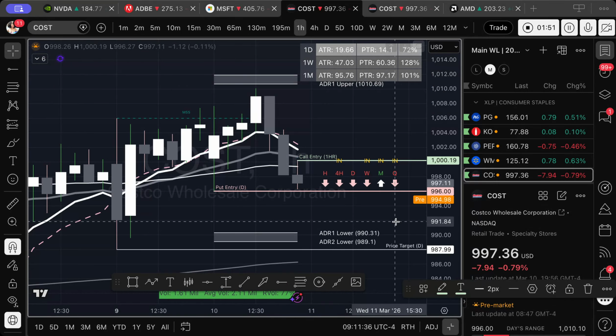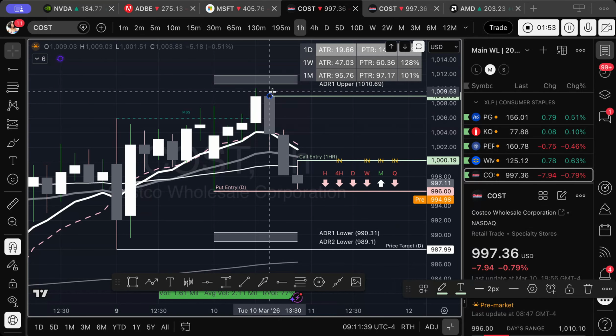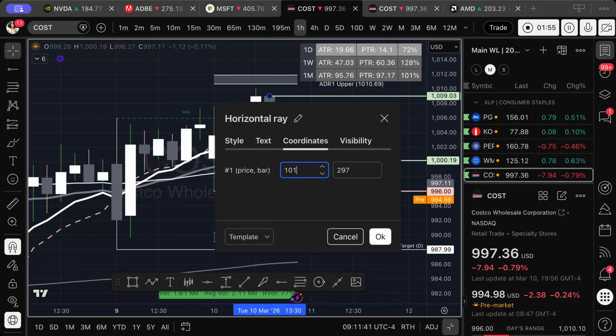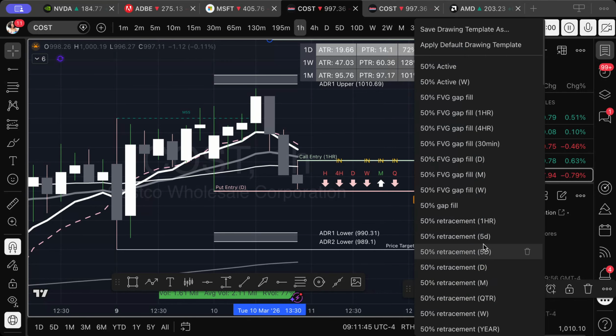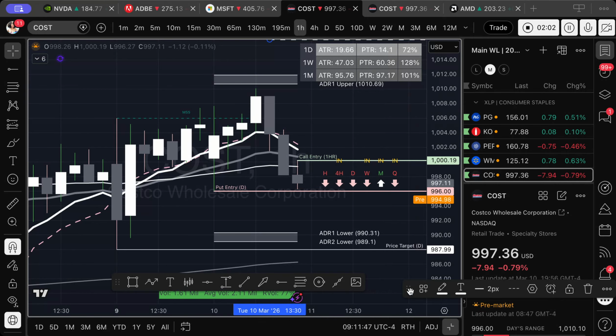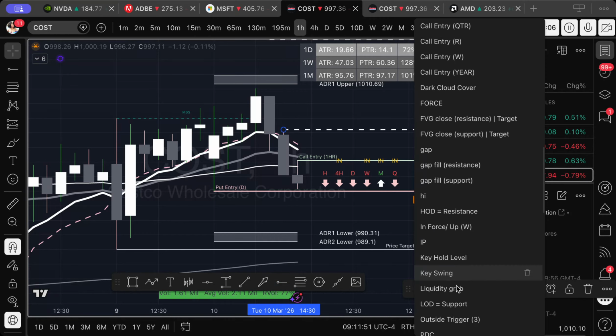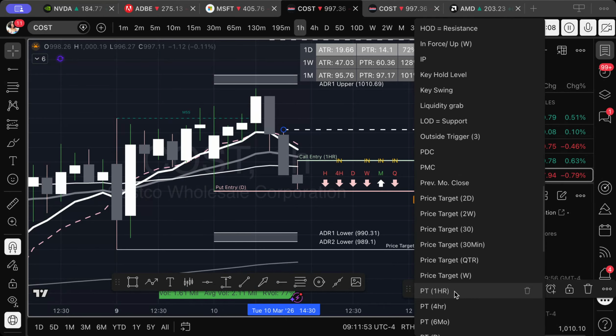So 1016.77. ATR target. I actually should have just cloned that, make my life easier. PT 1 hour.